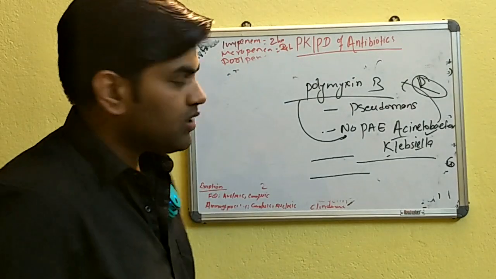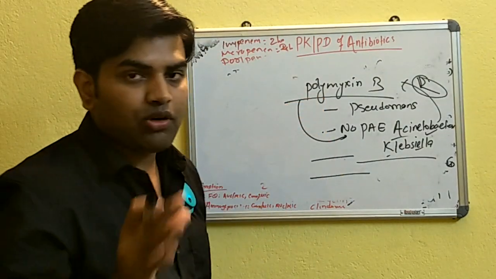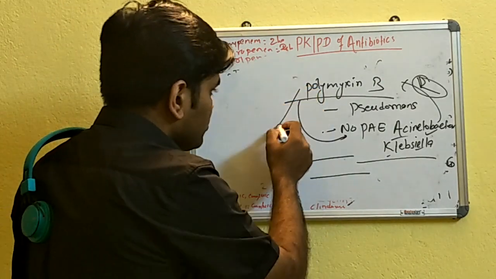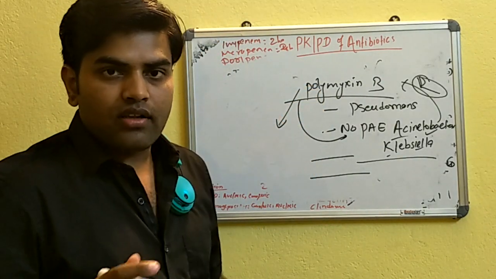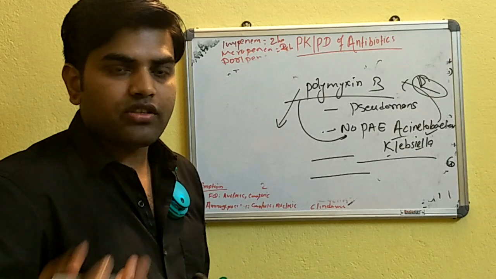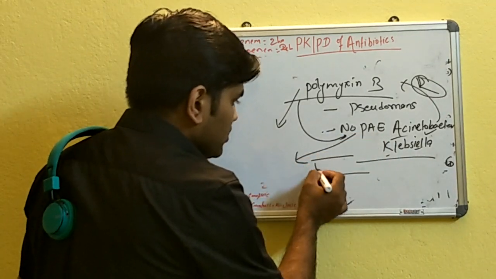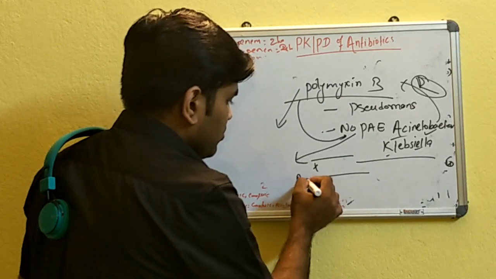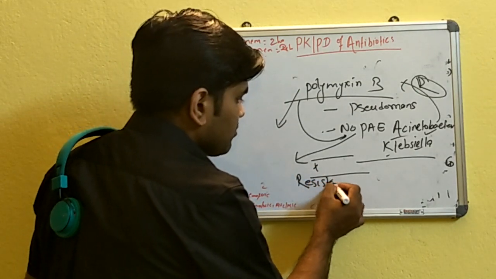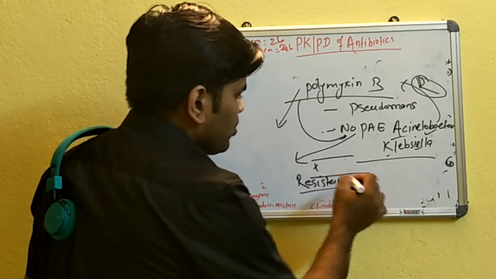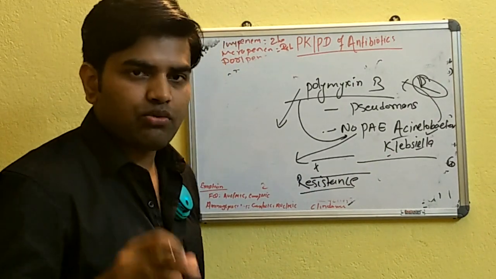Sometimes it has been found in a murine model, an animal model, that when polymyxin was divided into three doses, it suppressed the heteroresistance and prevented resistance of the organism from occurring. That is also one important point to mention here.